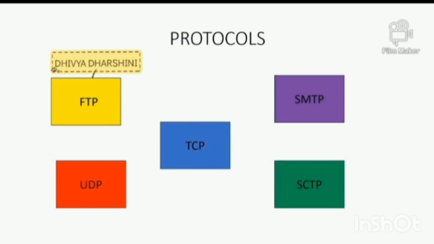Although we can transfer files using HTTP, FTP is a better choice to transfer large files or to transfer a file using different formats. There are three components in the client: the user interface, the client control process, and the client data transfer process. And there are two components in the server: the server control process and the server data transfer process.